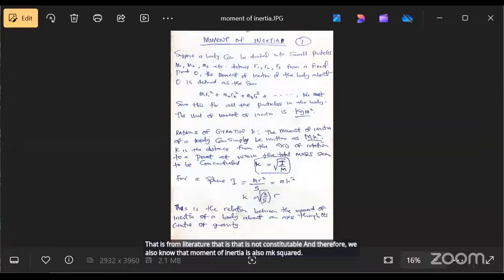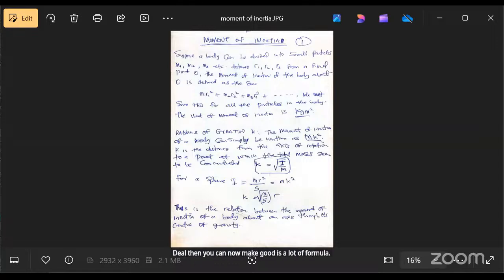That is how you think when you are in physics class. You have defined moment of inertia before to be M K squared. You now come to the fact that for a sphere, moment of inertia is 2MR squared all over 5. So if I is equal to 2MR squared over 5, and I is also M K squared, therefore 2MR squared all over 5 is equal to M K squared. Then you can now make K the subject of the formula.